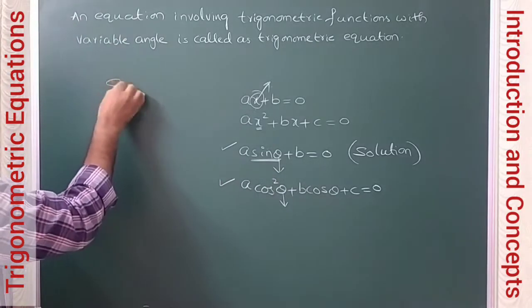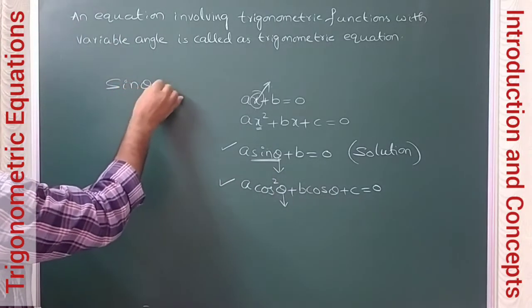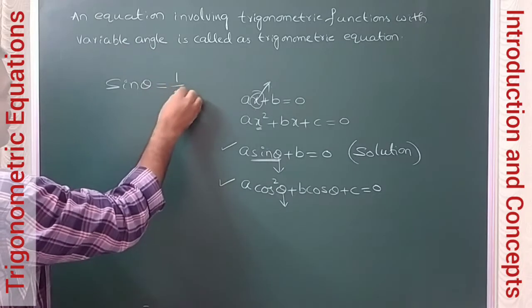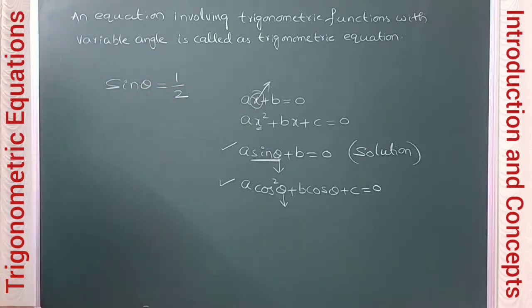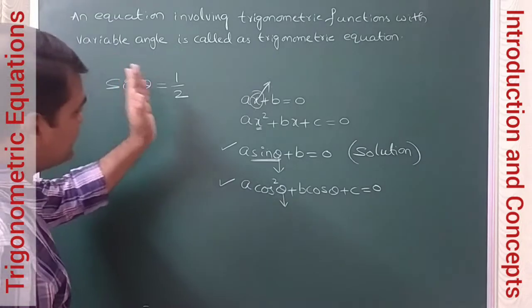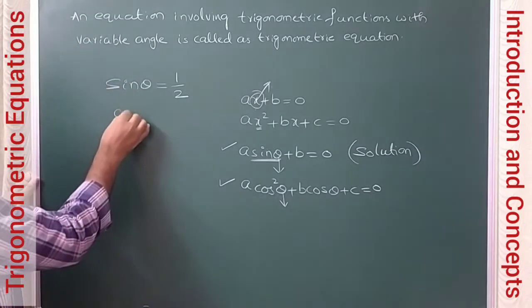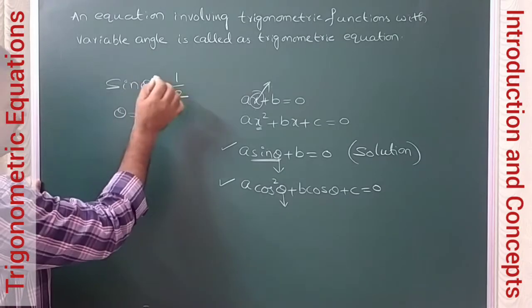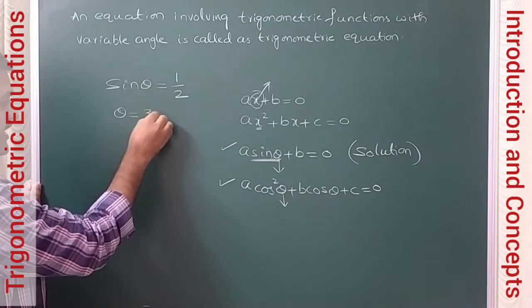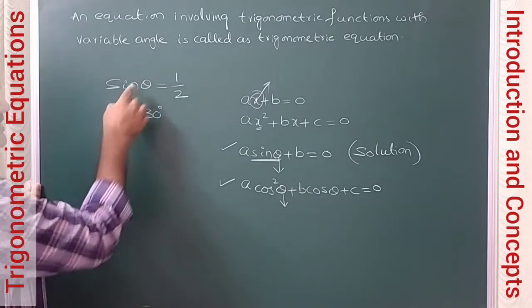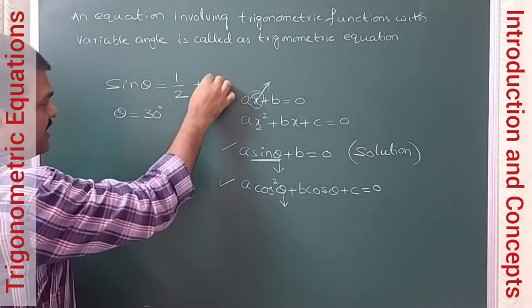For example, when we write sin theta is equal to 1 by 2, this is also a trigonometric equation. Now what are the values of theta which satisfy this? Sin theta 1 by 2 is obtained for 30 degrees. Sin theta is 1 by 2, which means it is positive.